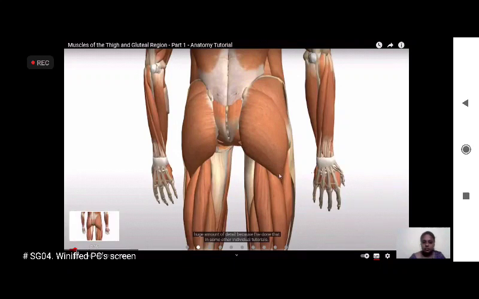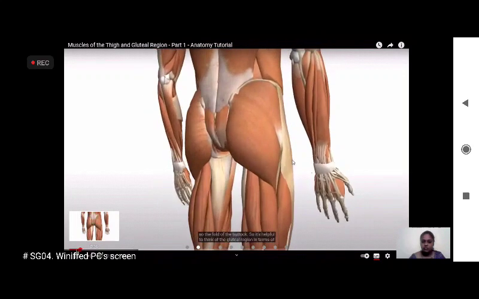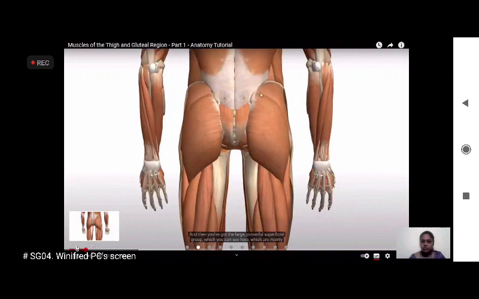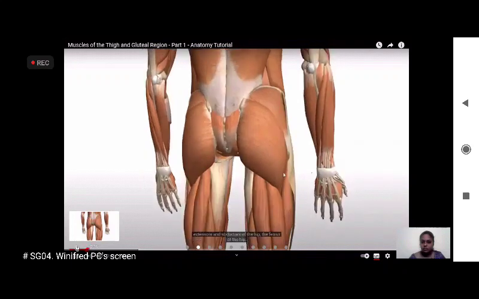That in some other individual tutorials. So the gluteal region is this region here between the iliac crest and the gluteal fold, the folds of the buttock. It's helpful to think of the gluteal region in terms of deep and superficial muscles. The deep muscles are small little muscles and are mainly lateral rotators of the hip. And then you've got the large powerful superficial group, which are mainly extensors and abductors of the femur at the hip.